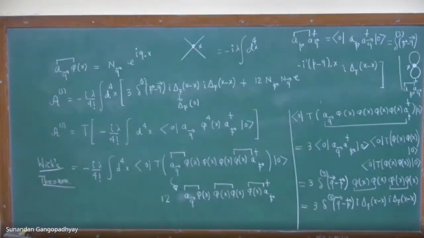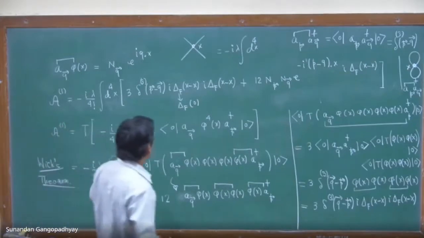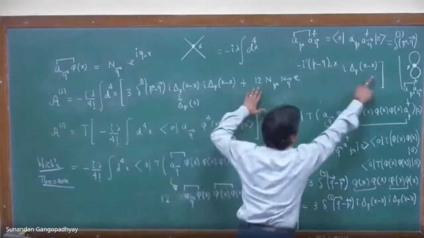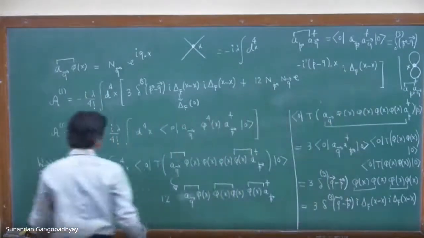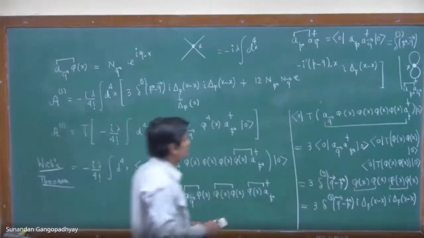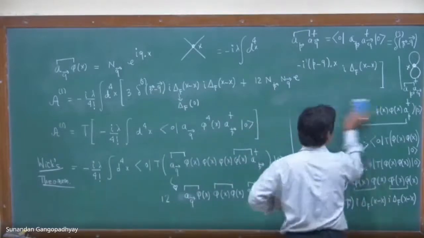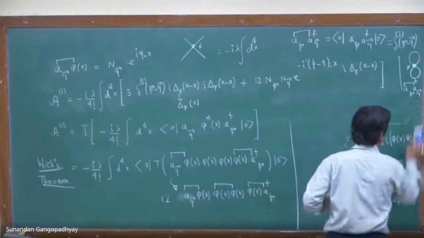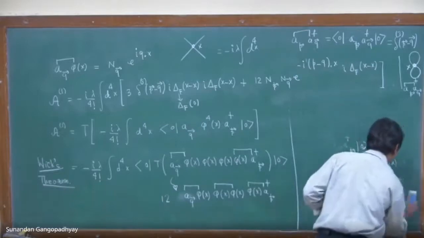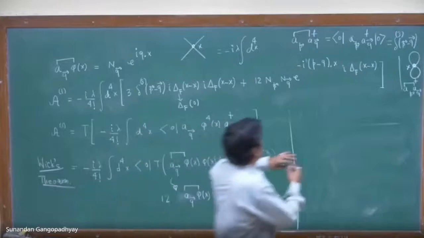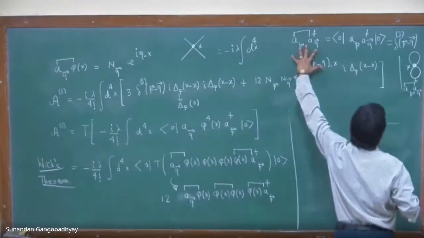Let us now look at this second term, this 12. Sir, the delta term we are keeping in the contraction form itself in the diagram. Yes, the Dirac delta is basically this contraction.